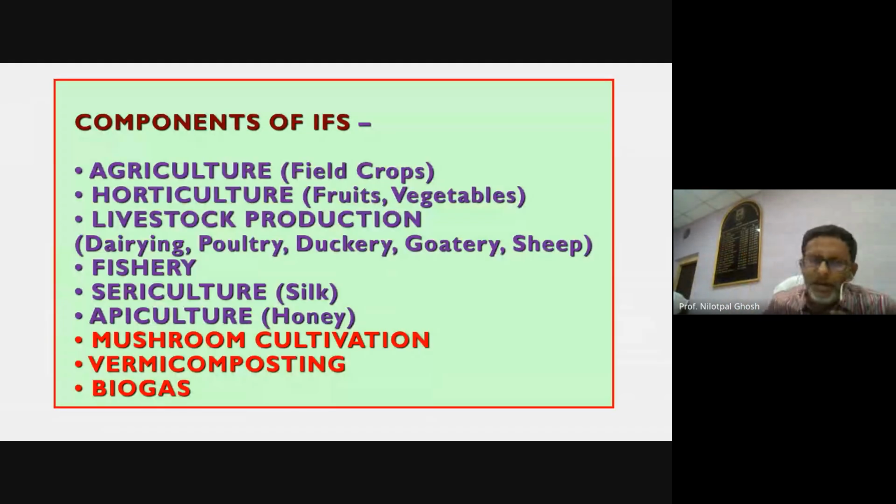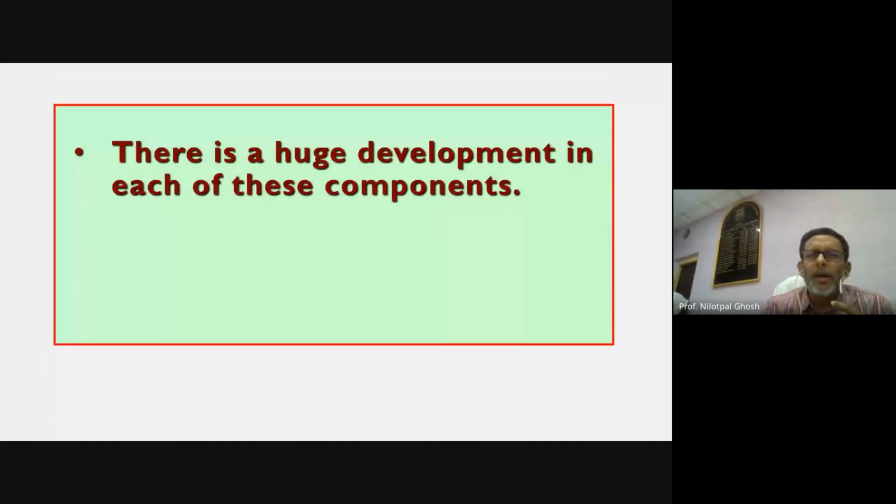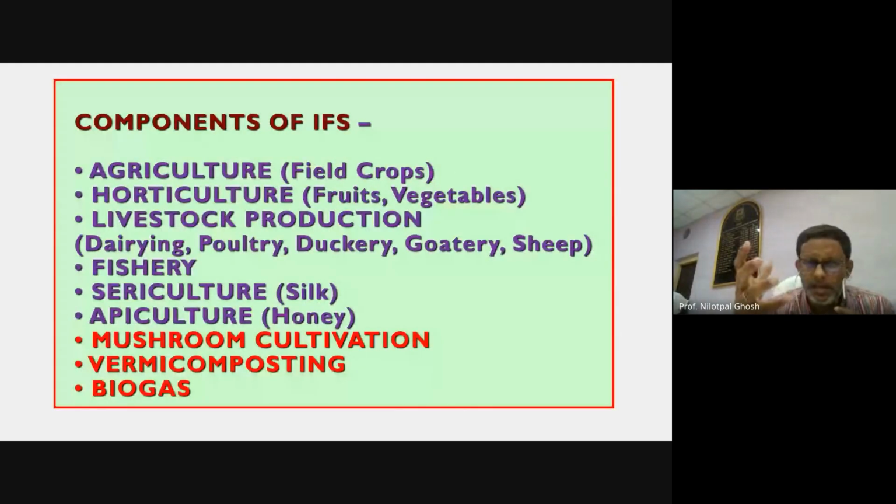So these are the components, and there is huge development in each of them. Agriculture is a specialized subject nowadays, having many subcomponents. It was so big initially. Horticulture was within agriculture, fishery was within agriculture, livestock within agriculture. Now they are separated.